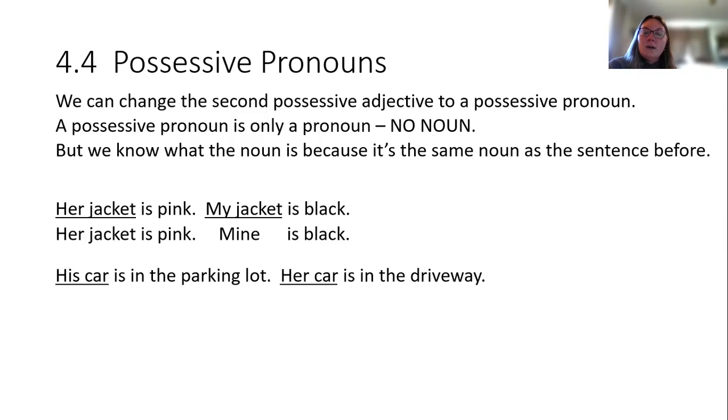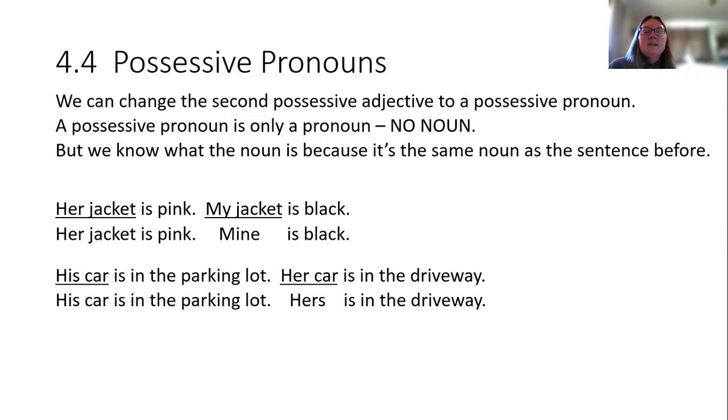Because it's her, we can say his car is in the parking lot. Hers is in the driveway. We don't need to say car again. We can just say hers. We know we're talking about a car because we used car in the first sentence. And so we would know in the second sentence that we meant car as well, just a car owned by somebody different.